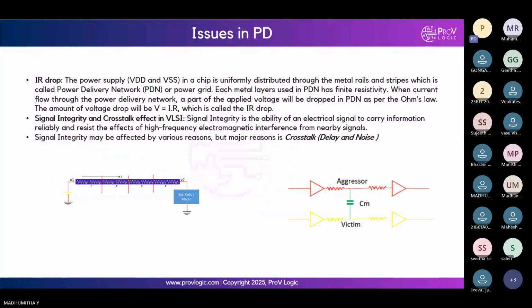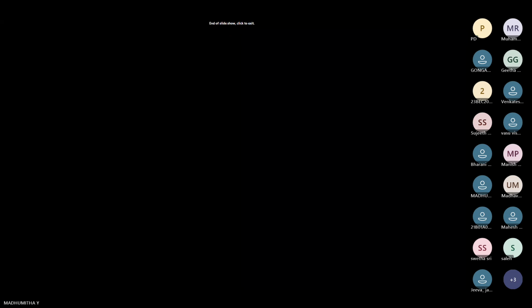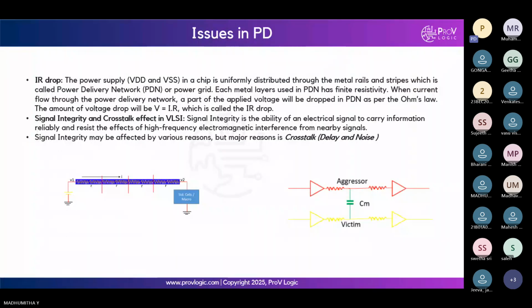For example, if the aggressor net is carrying a data stream like 0, 1, 1, 0, there is constant switching in the aggressor net. In the victim net the data is constant, like a constant 0 or constant 1. In this case, if the aggressor net affects the victim net, the issue is called crosstalk noise.